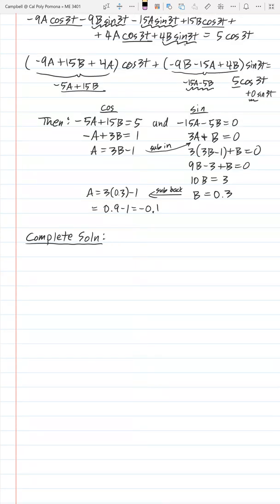So for that complete solution, I have x is equal to xp plus, and here I'll just hold on to multiplying my homogeneous solution by any arbitrary constant, but I've already formed the linear combination.